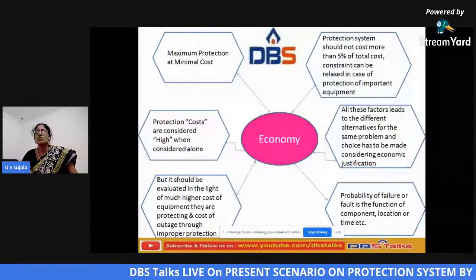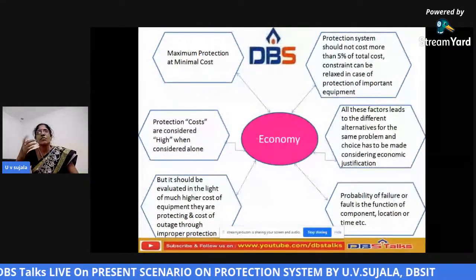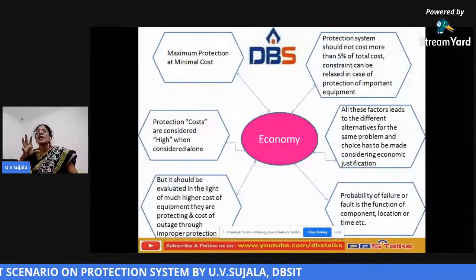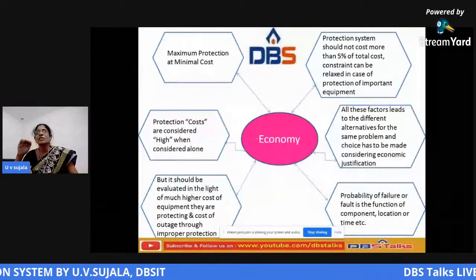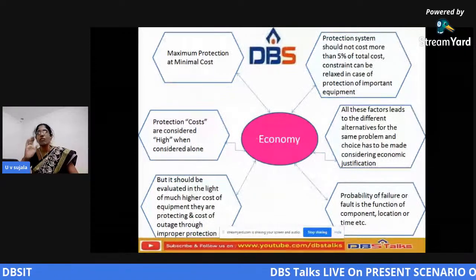Now, when a fault is obtained, we have to protect from that fault only. So next, what about the faults?